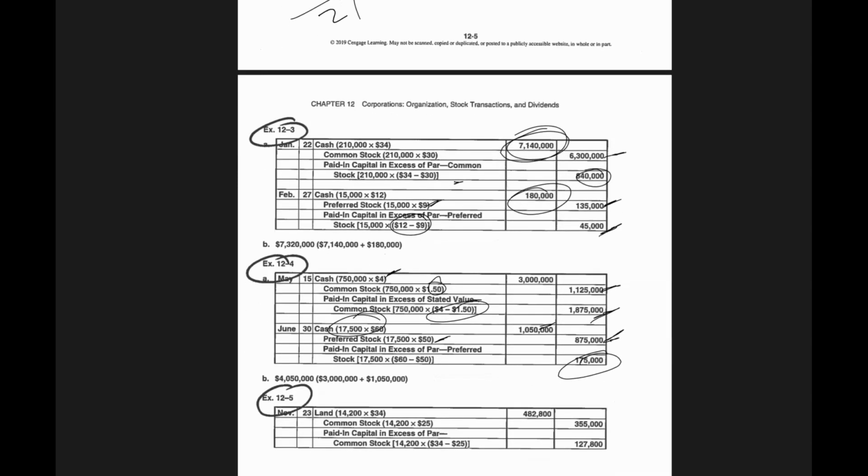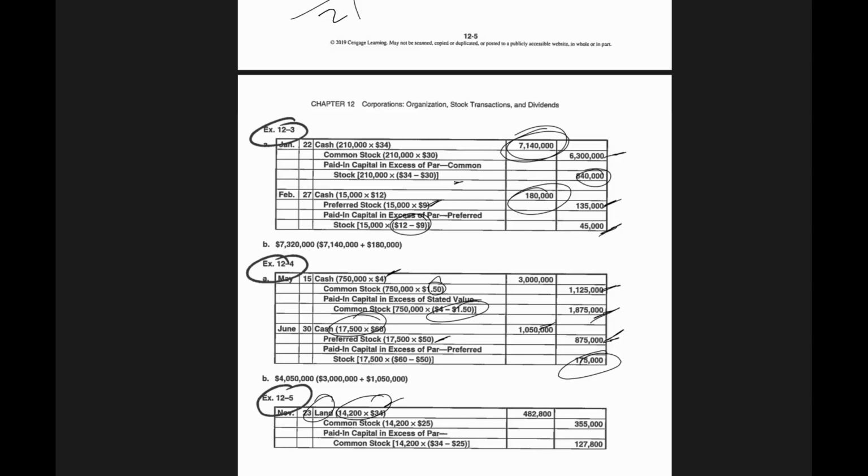Number 5, it just talks about where a company basically exchanges shares for land. In this case, there were 14,200 shares given up for the land. The land is going to be recorded at the fair market value, and it says the current market price of this stock was $34.